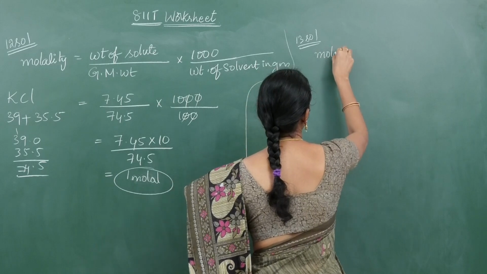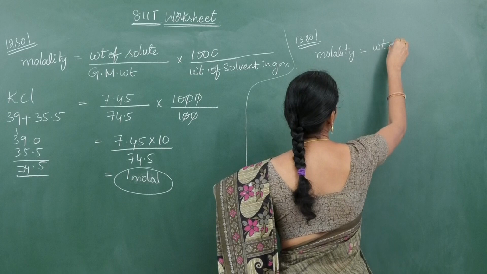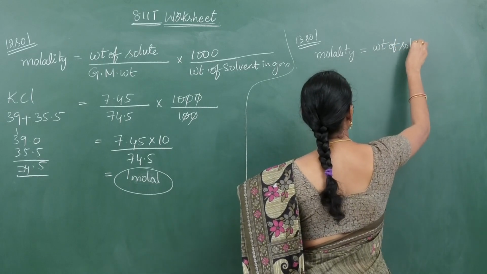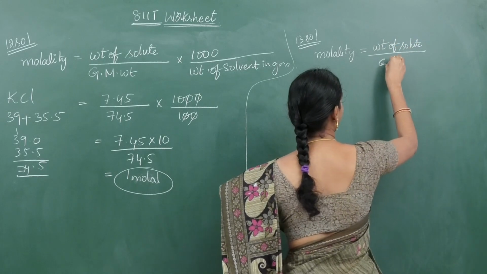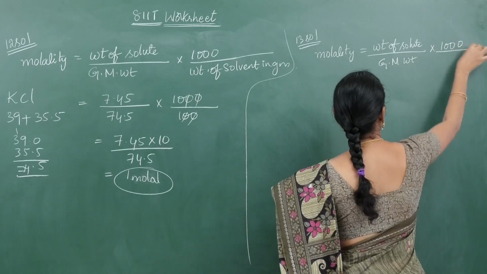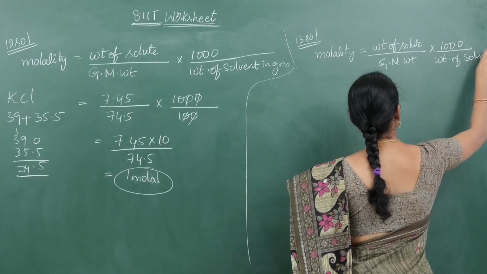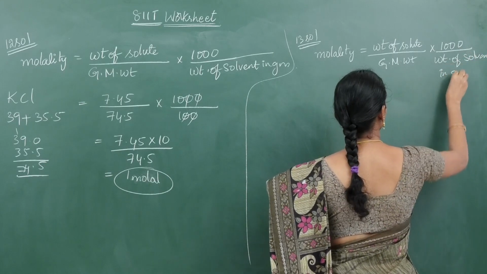Molality first let us calculate, children, because weight of the solute was given. Weight of solute divided by gram molecular weight into 1000 by weight of solvent in grams, children.